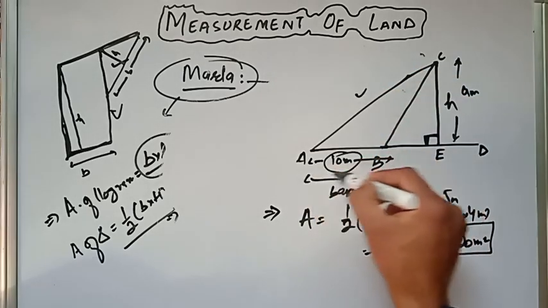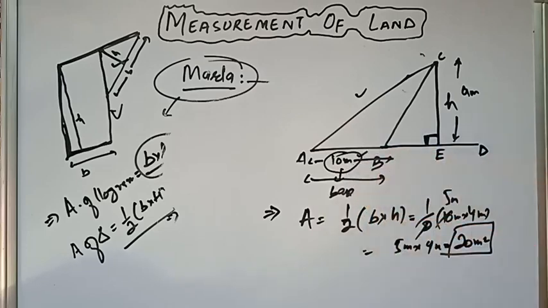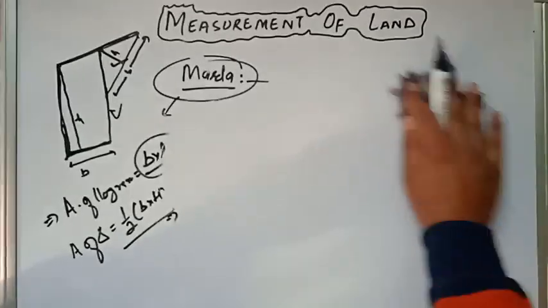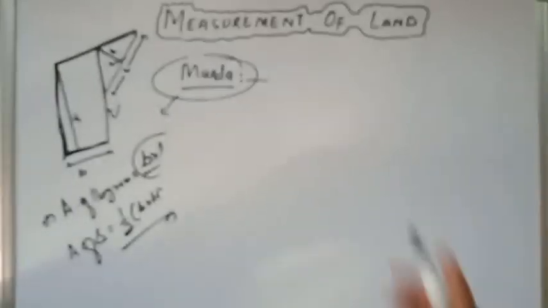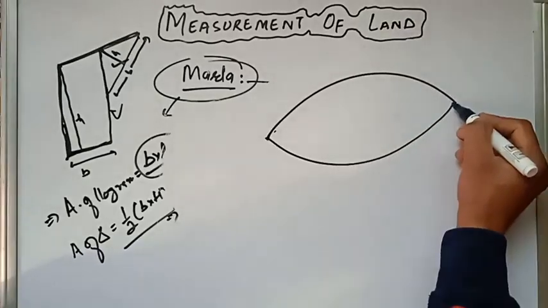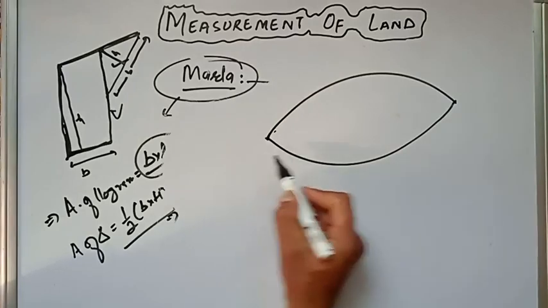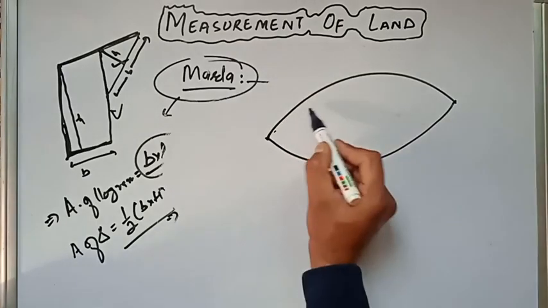Suppose that you have the sides in feet, or we can say foot. Suppose there is another type of plot you need to measure the area of. What you will do, suppose that there is a plot like this, and you need to find its area. What you will do, you need to divide it further into sections.